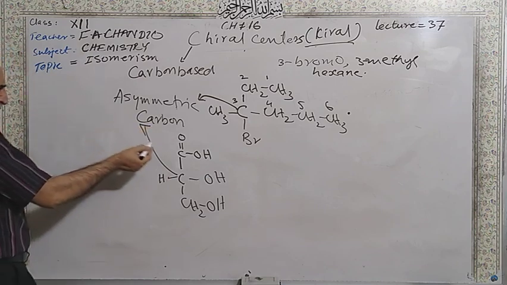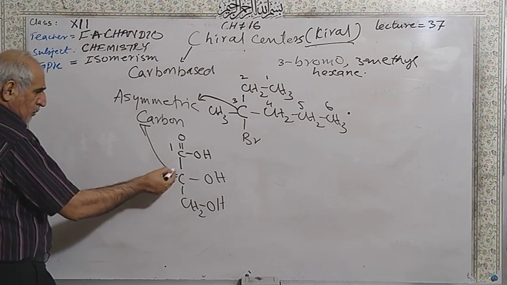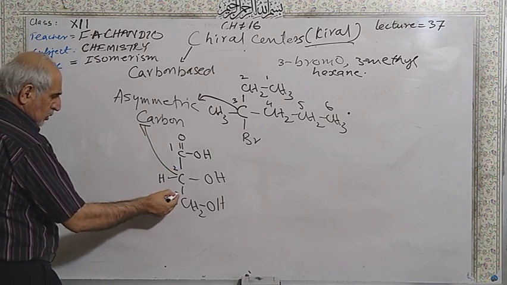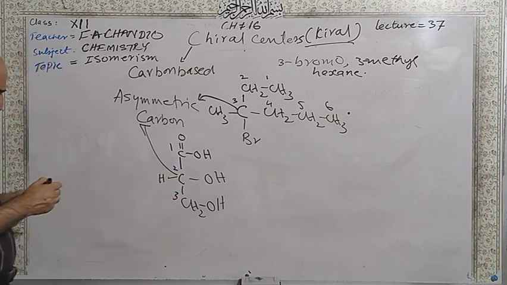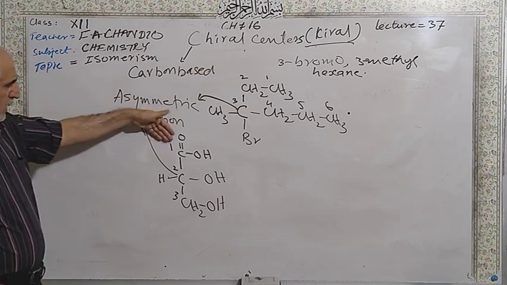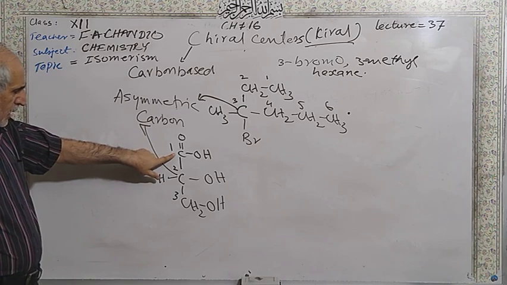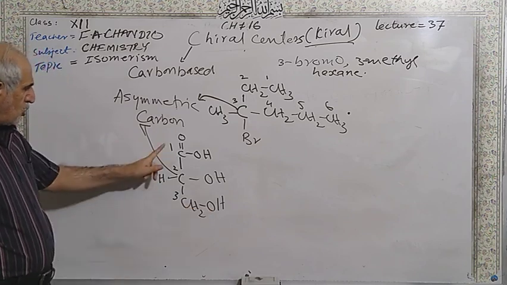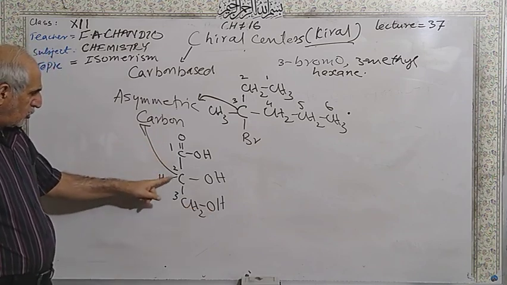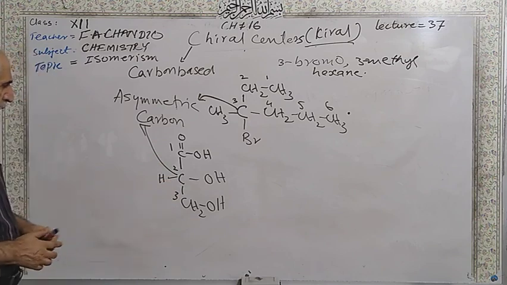Now, if you give the name, 1, 2, 3. From this carbon we start, since carboxylic acid is very reactive. It will start from here. Indirectly attached to this OH. So the carbon chain is 1, 2, and 3.